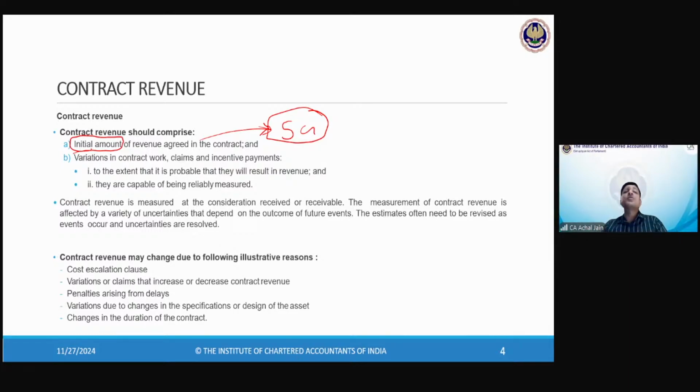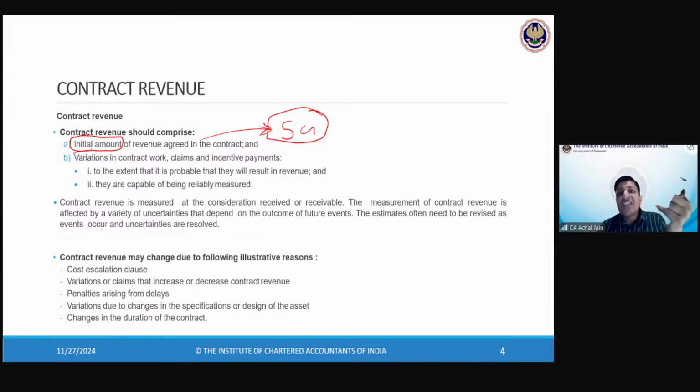Let's suppose during the course of construction, you find that this is something we initially discussed, but we want to get it changed. Maybe the layout is required to be changed, or maybe there is something else you require to change. Sometimes you may want to get some of the activities in the contract changed.